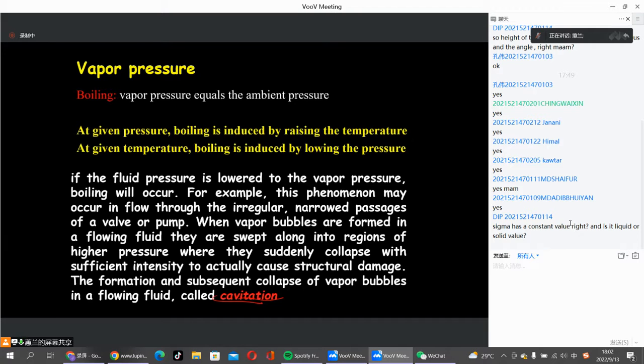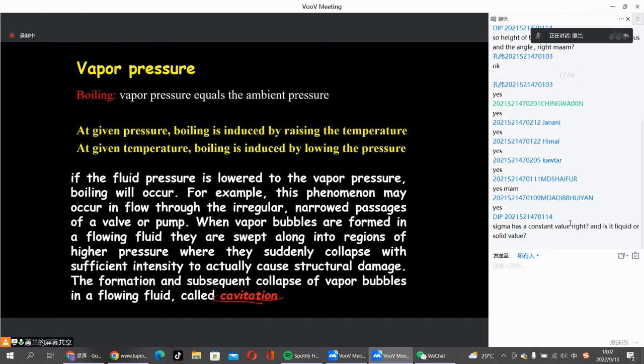If the fluid pressure is lower than the vapor pressure, boiling will occur. For example, it may occur in flow through the irregular narrow passage of a valve or pump. We know when it is boiling, there will be bubbles, right? When vapor bubbles are formed in a flowing fluid, they are swept along into regions of higher pressure, and because outside the pressure is higher, they will collapse.